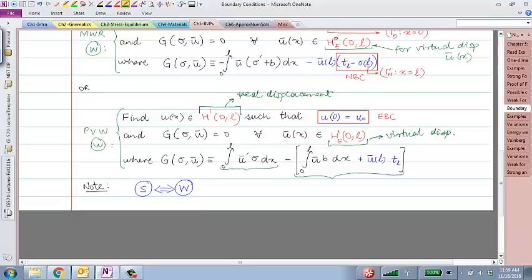So it's a very fine, very small, minute sounding point. What's the difference between H0, H1, H2, right? But it makes a huge difference. If you pick the wrong space of functions to approximate your real displacement and virtual displacement, the numerical solutions that you would get from that would be garbage.